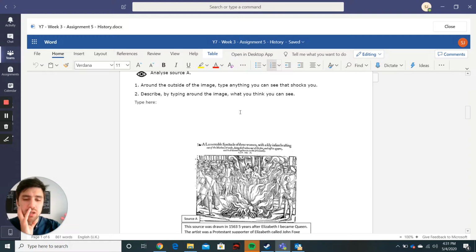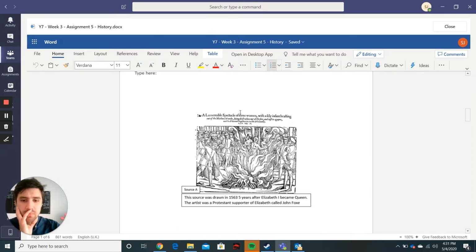I now need you to look at source A. Now, source A, as you can see, was drawn in 1563, 5 years after Elizabeth I. Remember, the Tudor kings and queens go Henry VII, Henry VIII, Edward VI, Mary I, Catholic, and Elizabeth I, Protestant, roughly.